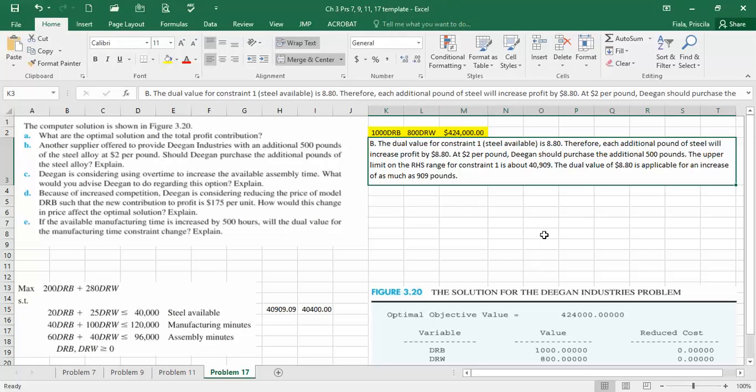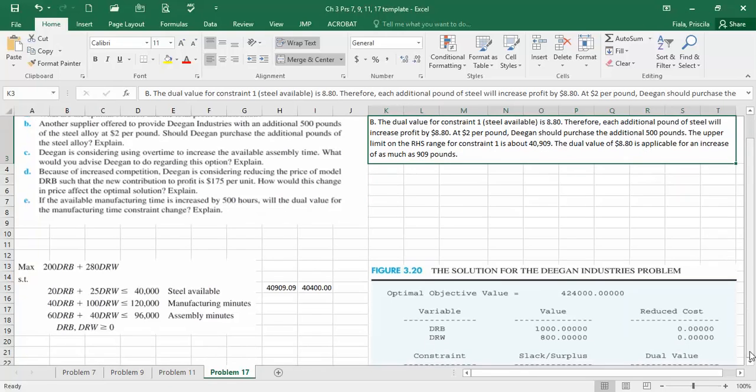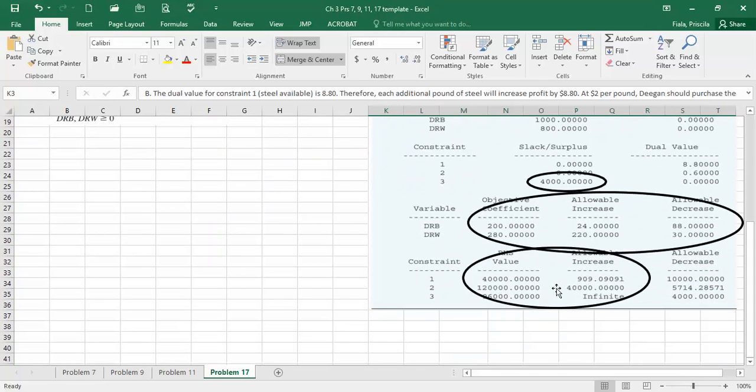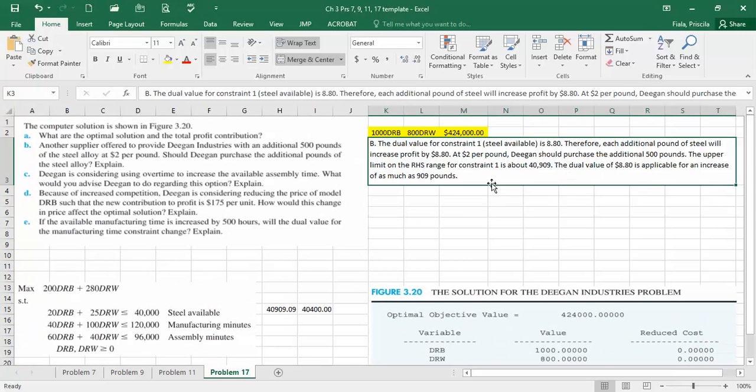In that case, it is advisable that you develop a new sensitivity analysis to see how much that would affect, because now you're outside your range. If you have 1,000, now you have 91 more than you are allowed to increase. Okay, and that would be problem B.